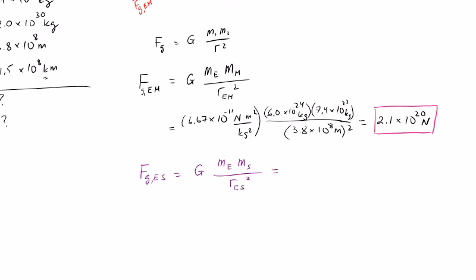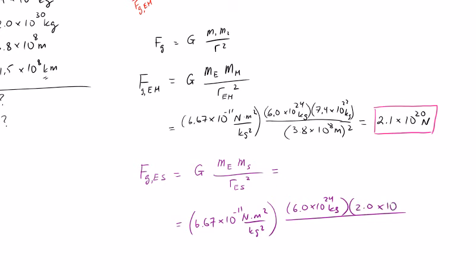That equals 6.67 times 10 to the negative 11 newtons times meter squared over kilogram squared, times the mass of the Earth, 6.0 times 10 to the 24 kilograms, and the mass of the sun, 2.0 times 10 to the 30 kilograms.